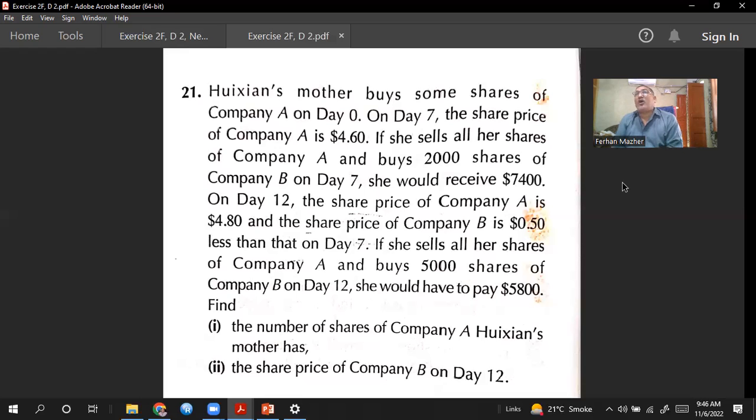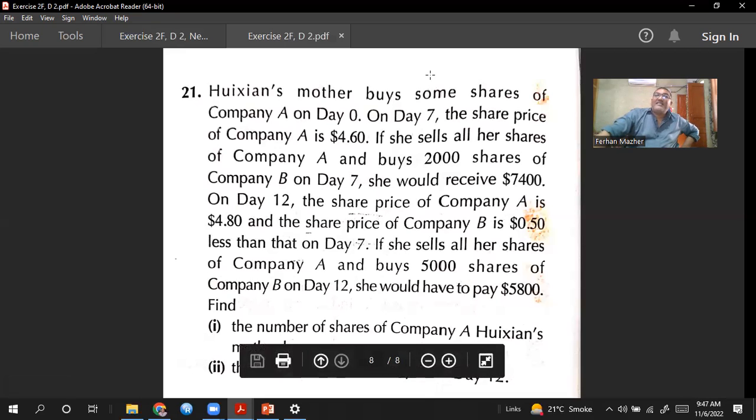If she sells all her shares of company A and buys 5,000 shares of company B on day 12, she would have to pay $5,800. Find the number of shares of company A Huxan's mother has.